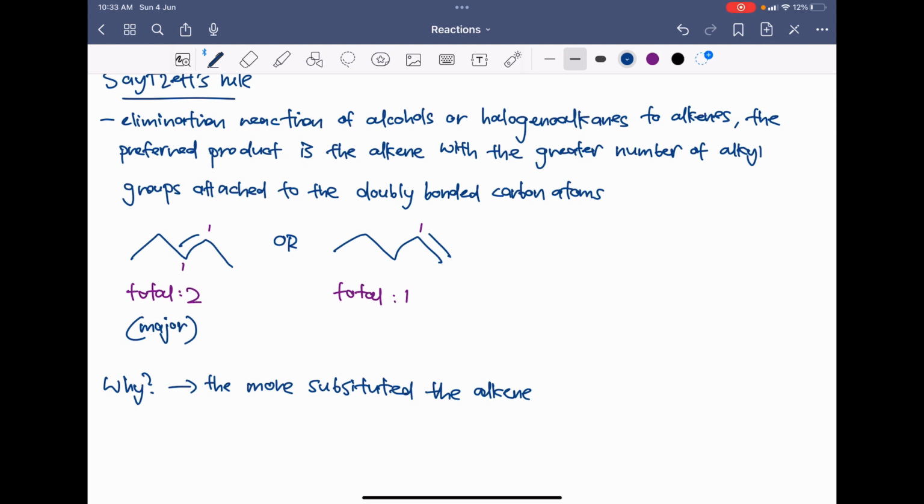So the more substituted alkene, meaning the more electron donating alkyl groups attached to the doubly bonded carbon atom, the more stable the alkene. Because remember, alkenes are electron rich. So the more electron donating alkyl groups you have attached to it, the more electron rich the double carbon bond becomes. And that's how it becomes more stable. And that is why this is more preferred.